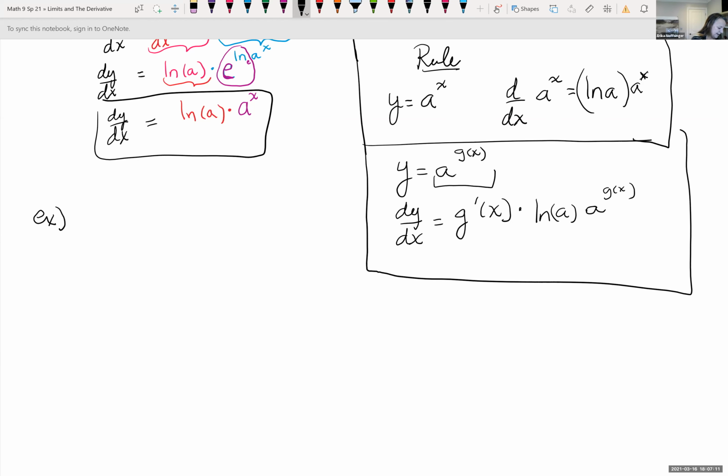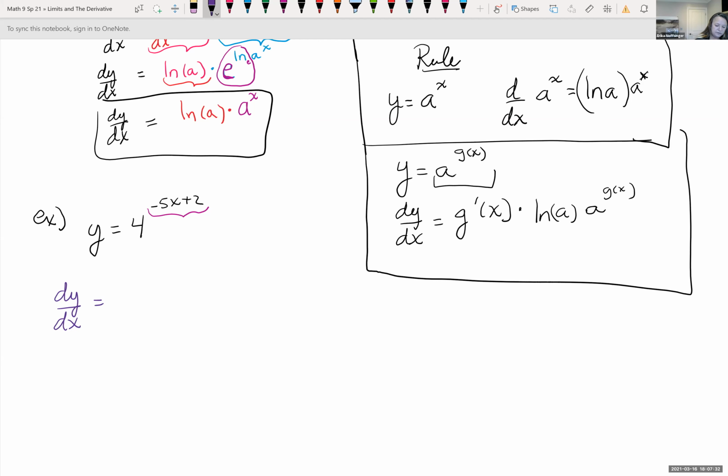So if we had, let's say, y is equal to 4 raised to negative 5x plus 2 power, take the derivative of this, dy dx.